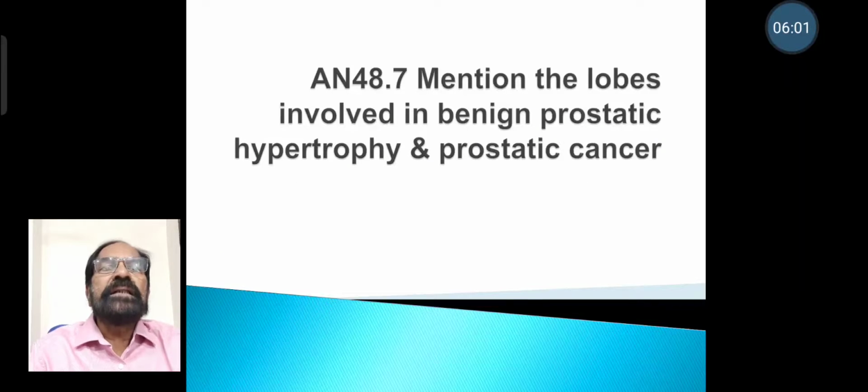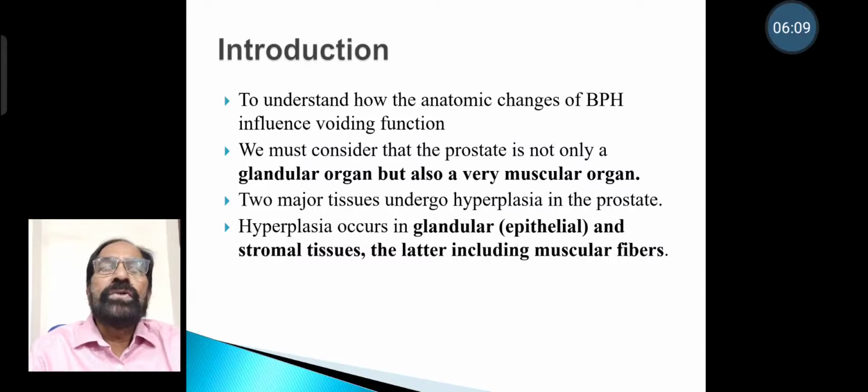Then another competency, that is, lobes involved in prostatic hypertrophy and prostatic cancer. To understand how the anatomic changes of benign prostatic hypertrophy influence voiding function, we must consider that the prostate is not only a glandular organ but also a very muscular organ.